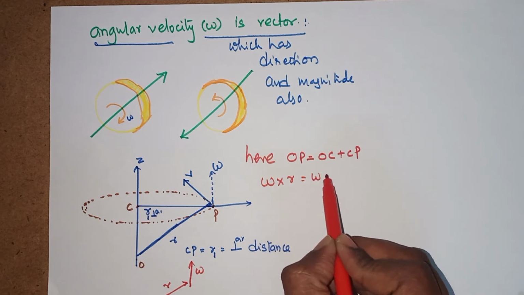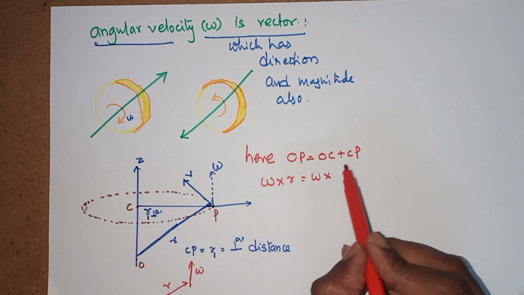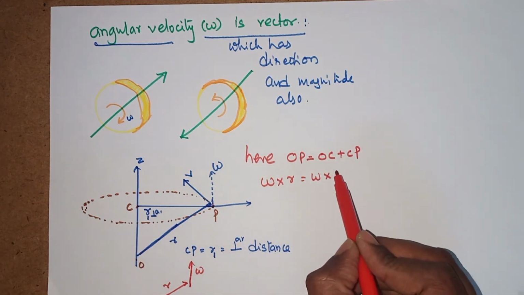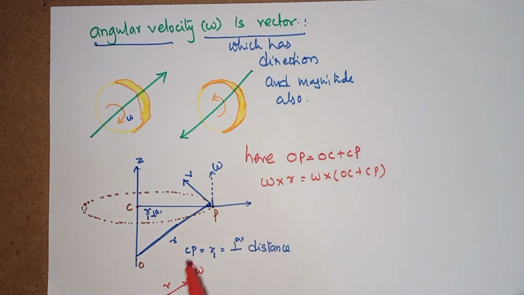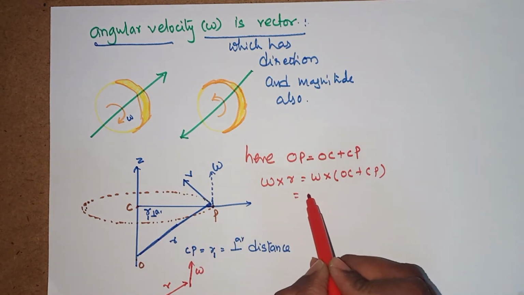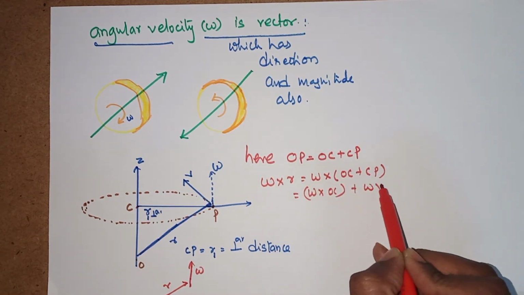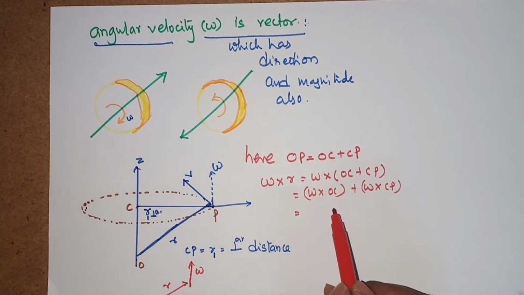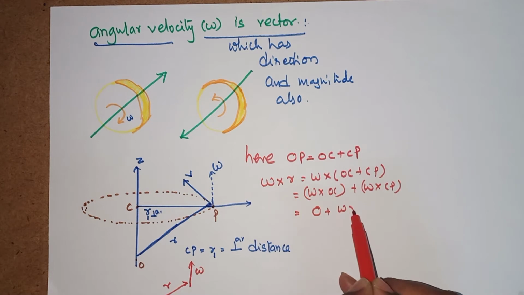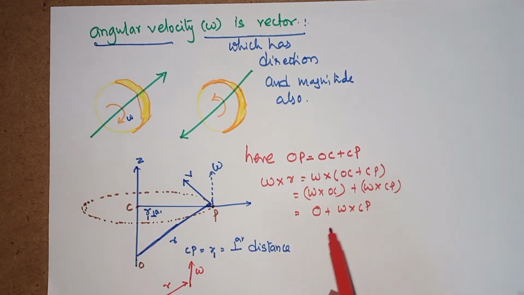Omega cross r means omega cross OP, which is equal to omega cross (OC plus CP). If you elaborate it, it is omega cross OC plus omega cross CP. I will write omega cross OC as 0, plus omega cross CP.